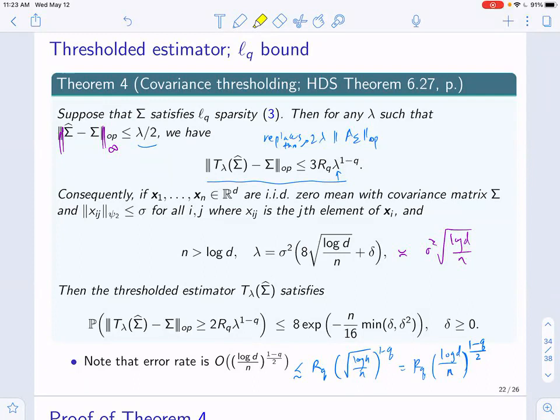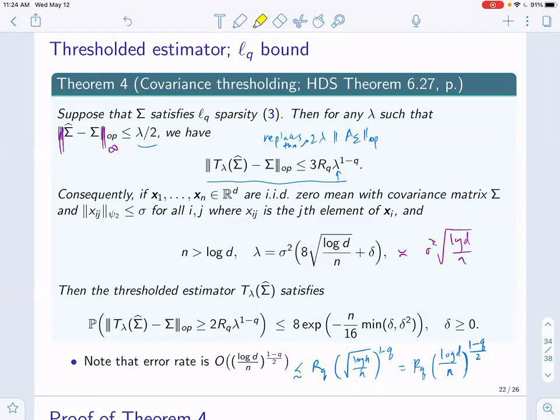If you choose the threshold properly, at least this much but not bigger, then you would get a bound which goes down to 0 with logarithmic dependence on the dimension. Okay.